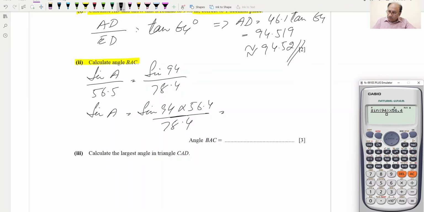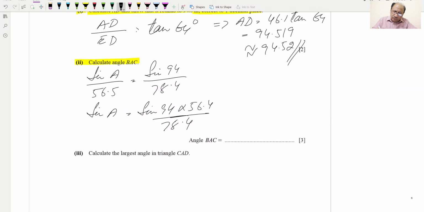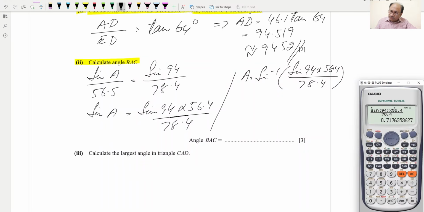This is fine, but we need to find angle A, so we will be taking A is equal to sine inverse of this one, sine of 94 into 56.4 divided by 78.4. So whatever answer we got, we will find sine inverse of it. So shift sine of answer.